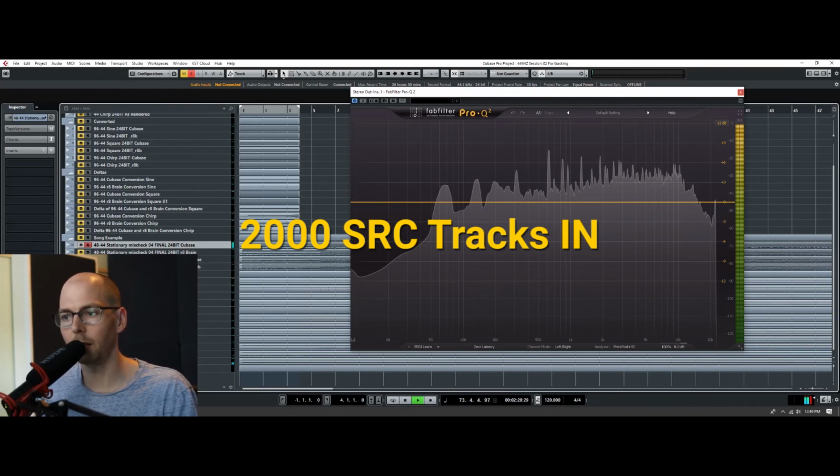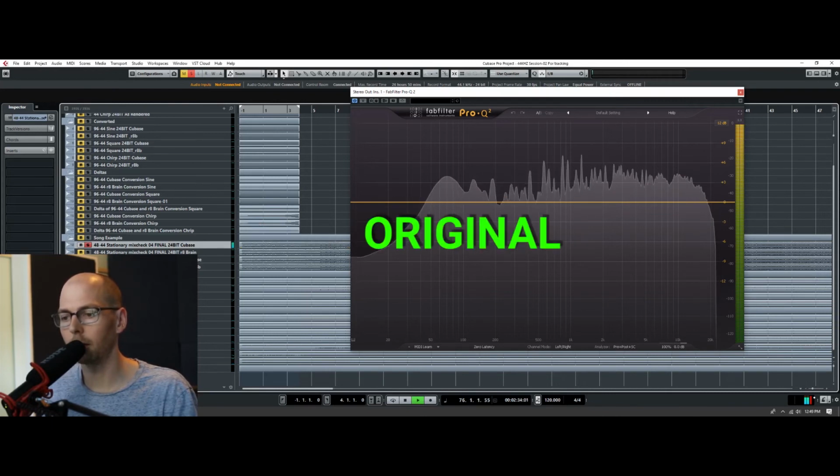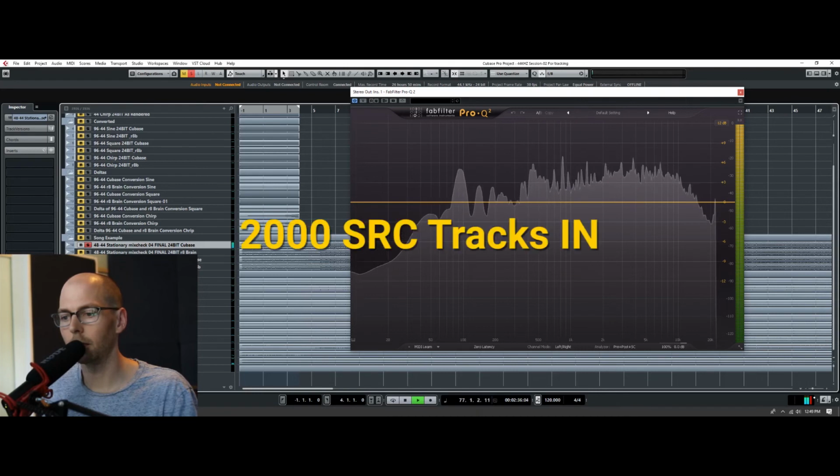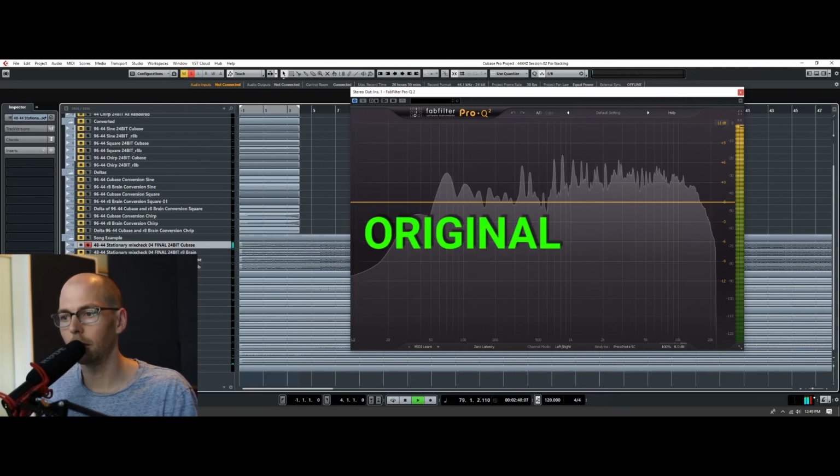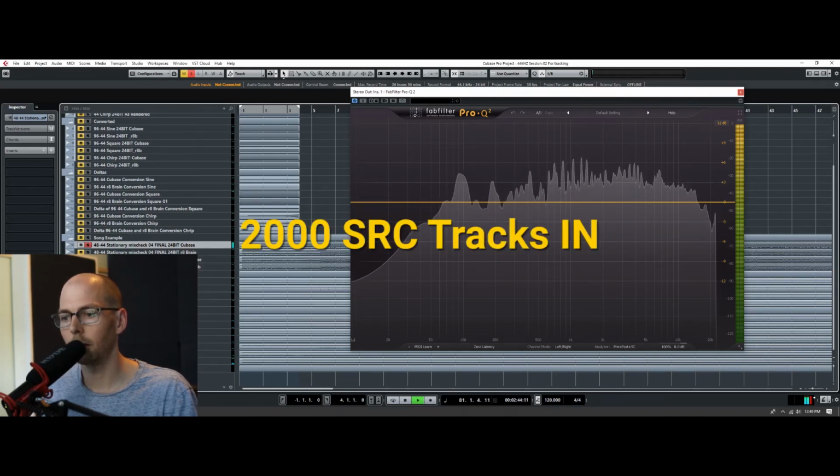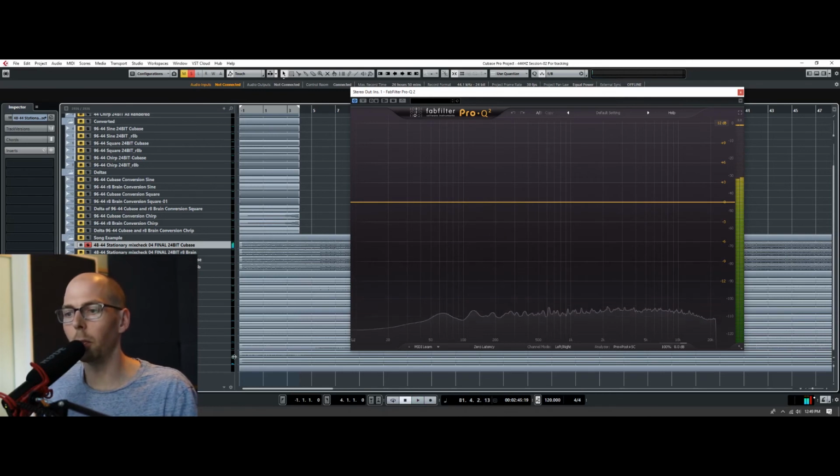So this is with it in and out. So you might hear it a little bit on the vocals and the air and the cymbals. You'll hear some of those bright, harsh harmonics or the aliasing artifacts.